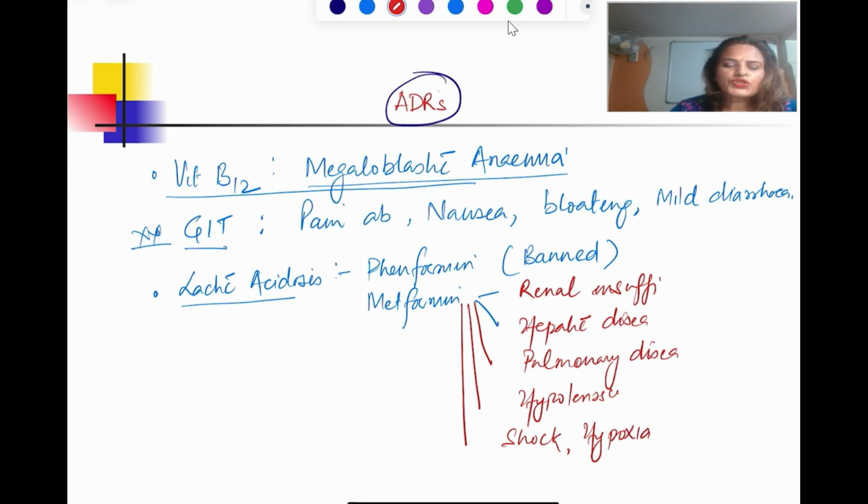Under these situations, even metformin can lead to lactic acidosis.